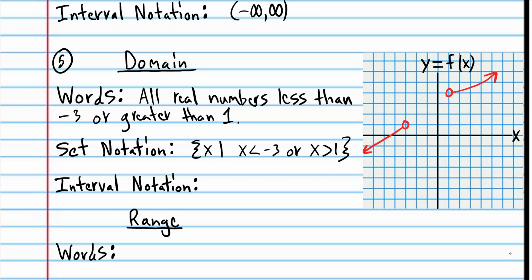In interval notation, we say negative infinity, that's this part here, comma, -3, that's this part here, and then we say union, the union symbol, and we pick up at 1, that's this part here, and then comma, infinity, that's this part here.